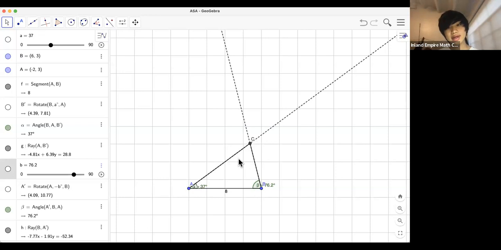Now, angle, side, angle does not include, say, only having this other angle over here, because that angle would actually be AAS or SAA, since that's a different order of the angles and sides. So we'll have a look at that later as well. But for now, does anyone have any questions about angle, side, angle?